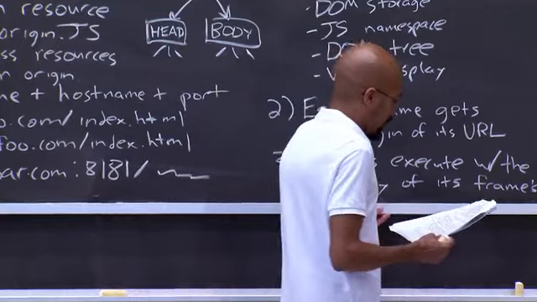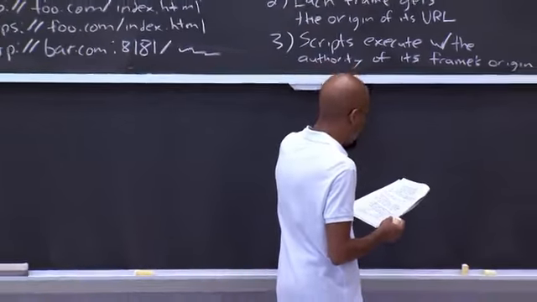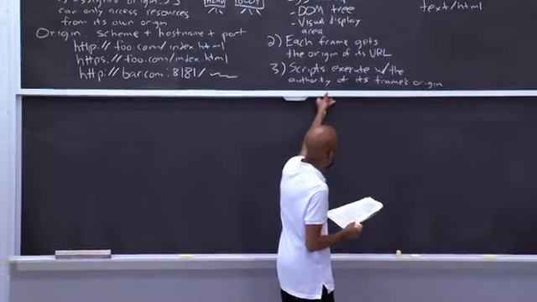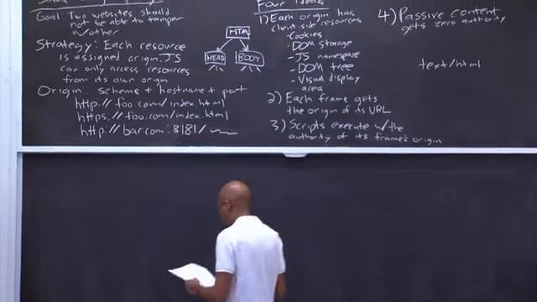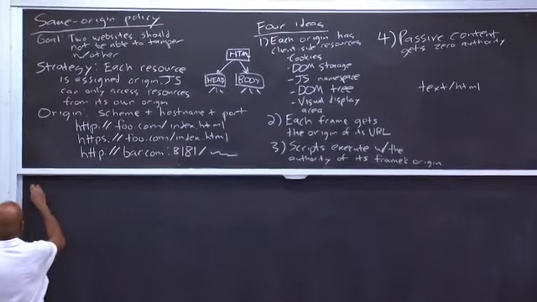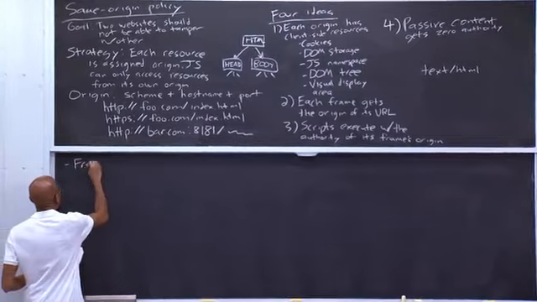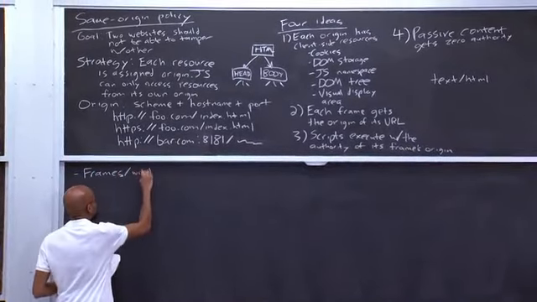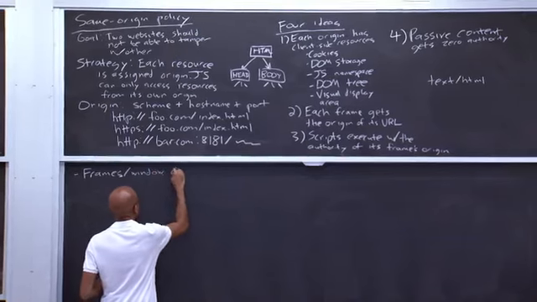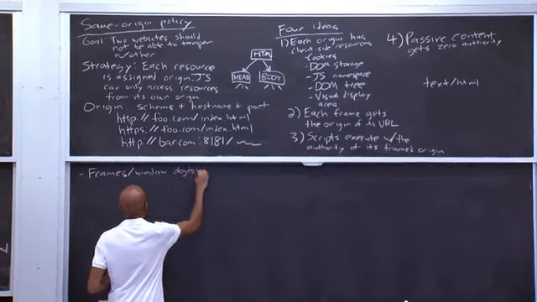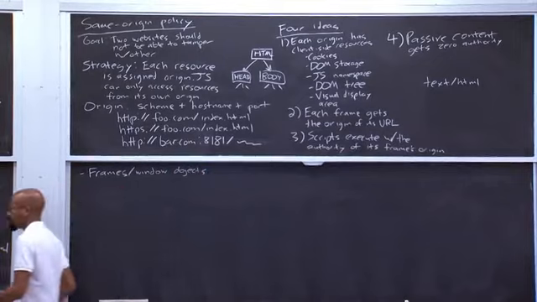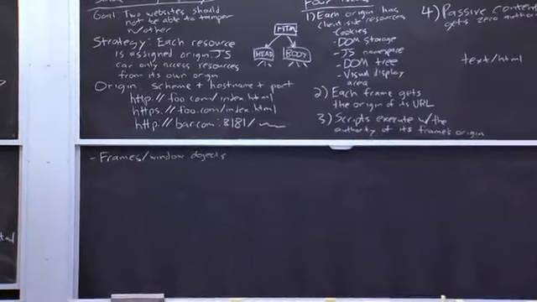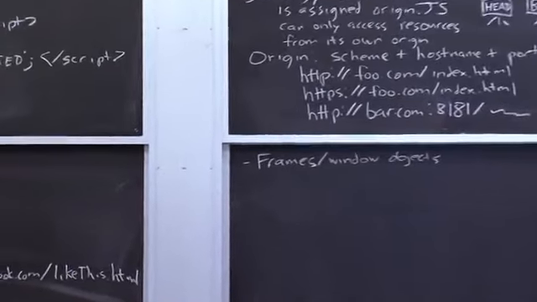So let's now dig down and take a deeper look at how the browser secures various resources. So let's look at frames and window objects. So frames represent these separate JavaScript universes that we discussed over here.